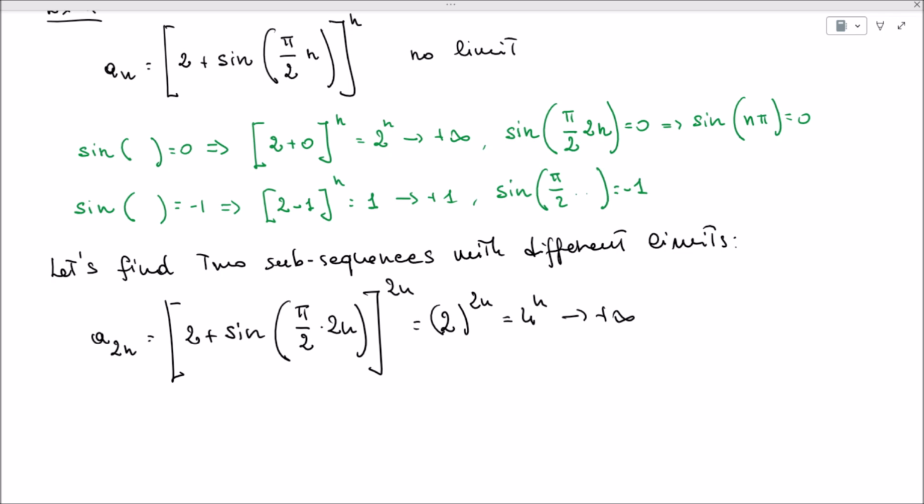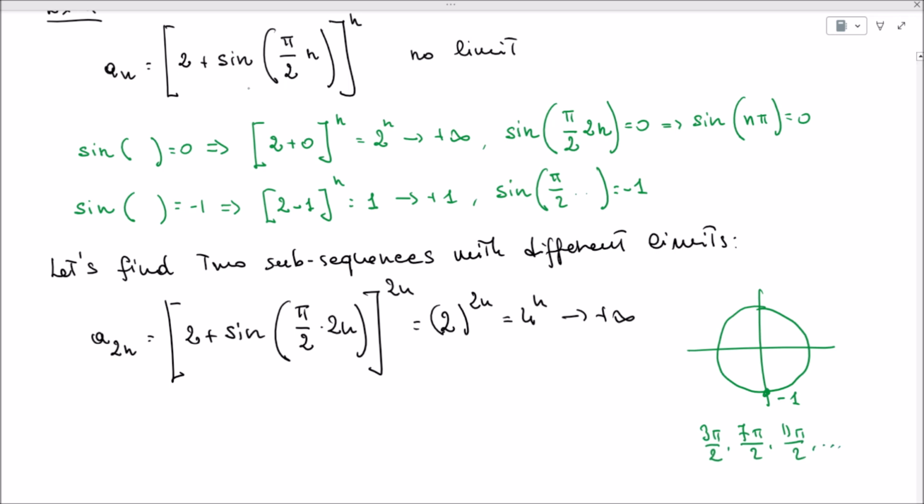But if we just remember that the sine is equal to minus 1 for which angles? For 3 pi over 2, then we have 7 pi over 2, then we have 11 pi over 2, and so on and so forth.